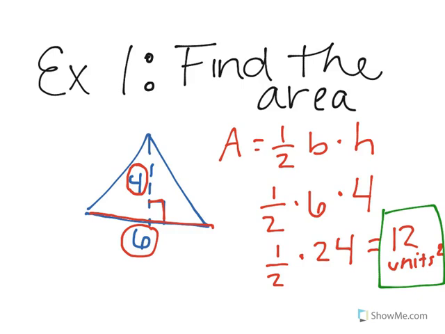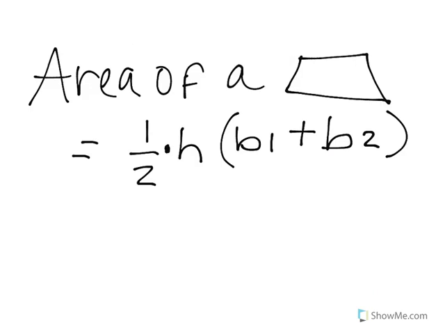So the next equation we're going to look at is the area of a trapezoid. This equation is a little trickier, but still not too difficult. I added some things to this equation. Instead of just 1/2 the base times the height, like we did for the triangle, I'm going to take 1/2 times my height, and then multiply that by the sum of my two bases.